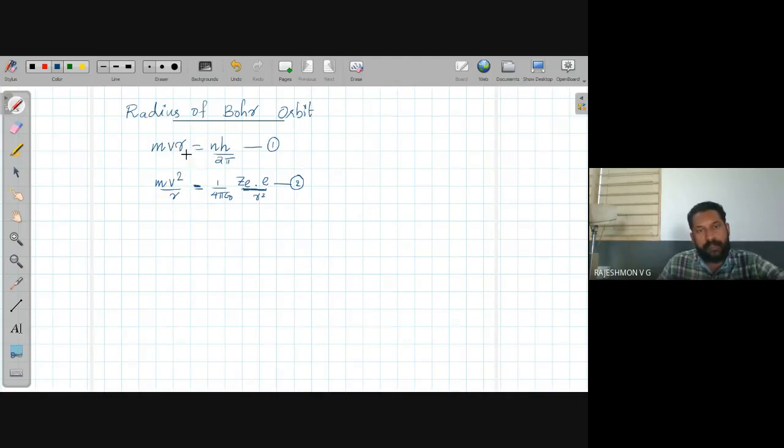From the first equation, r is equal to nh by 2 pi mv.